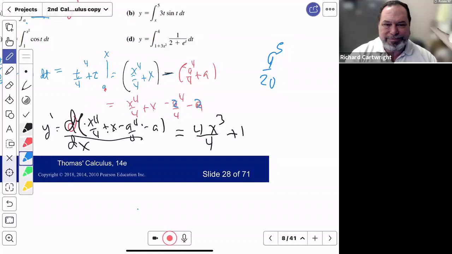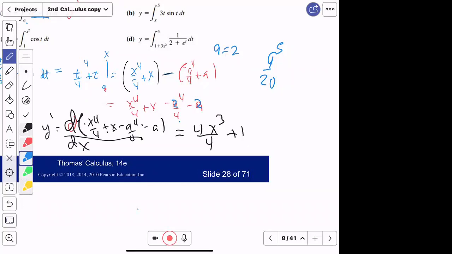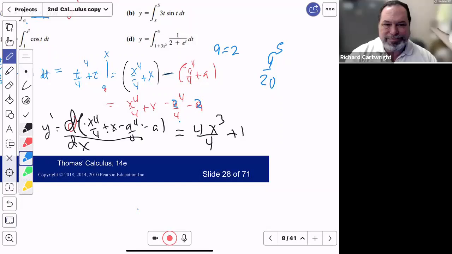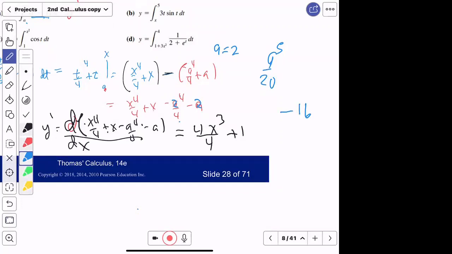What would you have said the derivative of 2 to the 4th over 4 is? Well, 2 to the 4th is 16, divided by 4 is 4. Yes, but I still want the derivative, not the integral.